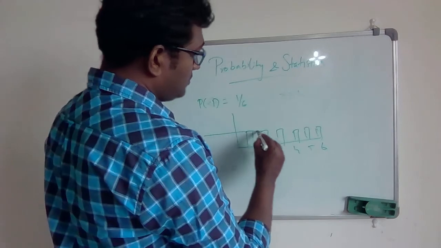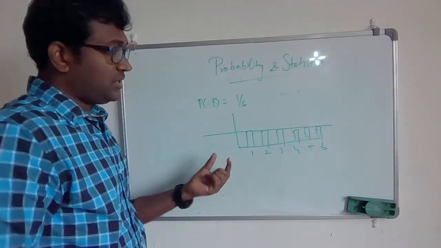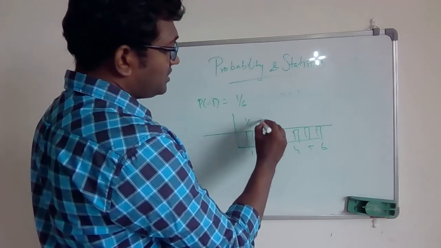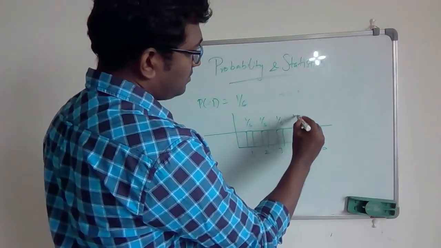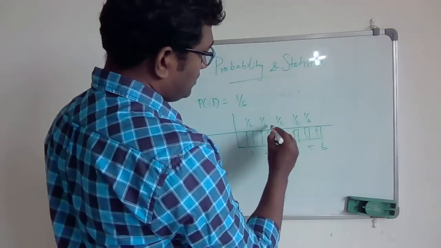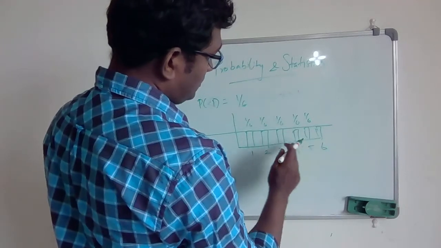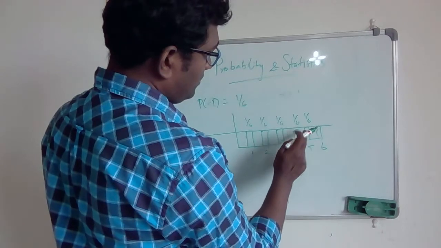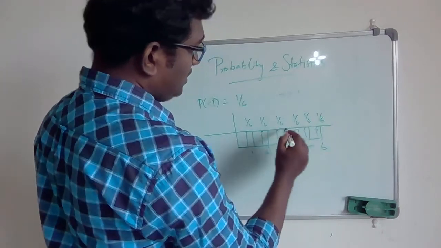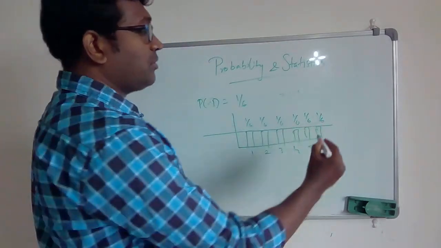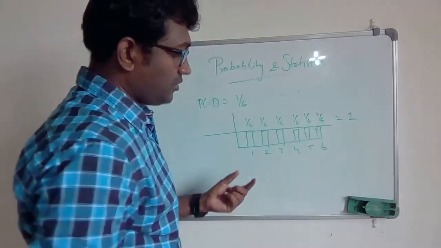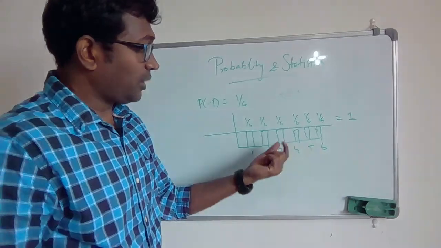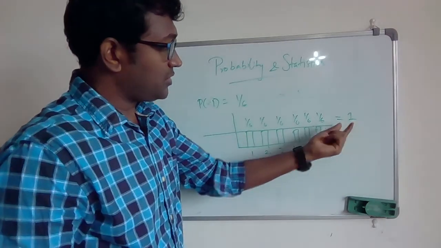If you try to see the distribution, it is all uniform. Which means that if we sum all the probabilities, 1/6 plus 1/6 and so on, you will get 1. That's the rule of probability: the summation of all the probabilities should end up as 1.